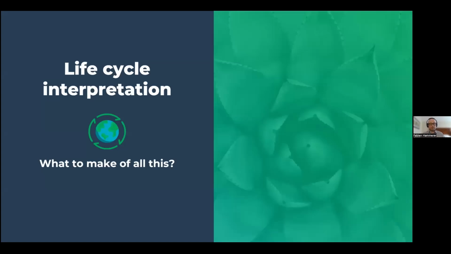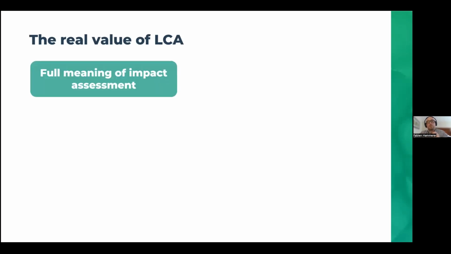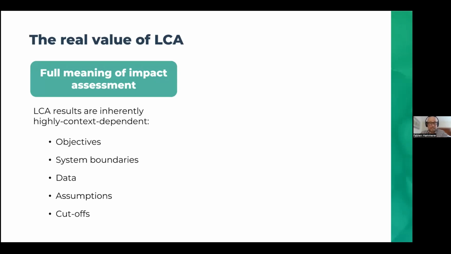Now, what to make of all this? We're going to the last step of the process, which is the life cycle interpretation. And to me, that is the real value of LCA for decision making, for reporting, etc. The first thing that it's supposed to do is to basically reveal the full meaning of the impact assessment and of the results.